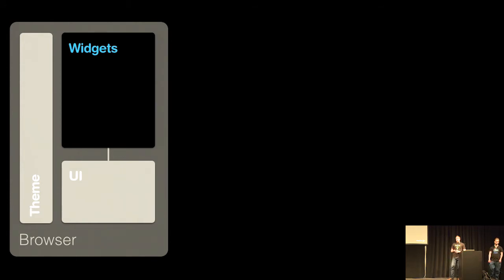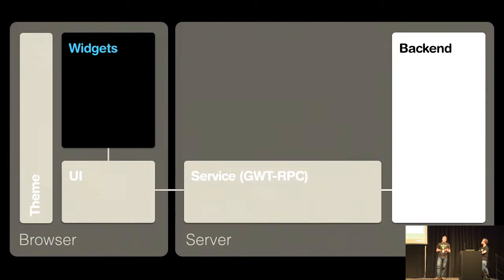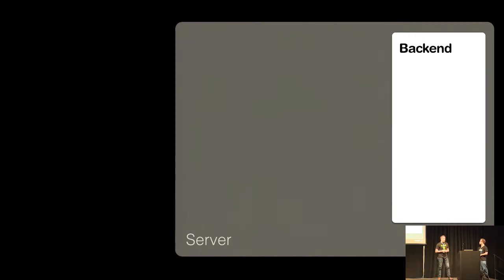At some point, you will want to talk with the server backend for your actual backend or data persistency system, and for that you might use GWT RPC. Here you are implementing backend services, mainly a service for every different thing you want to do.